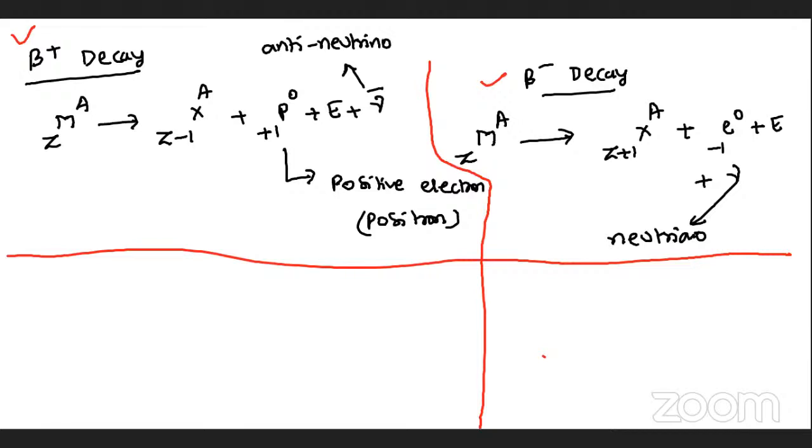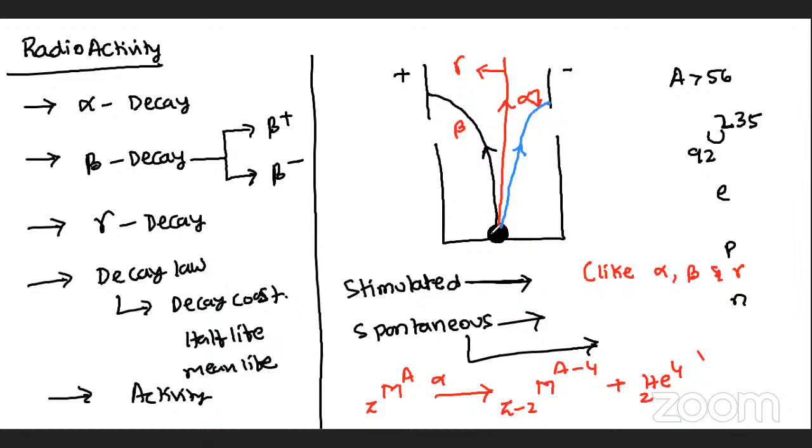Completed. Next one. See, till now we are discussing the spontaneous decay or natural decay, natural radioactivity. Suppose if you supply energy, then if you have the radiations, it can be called artificial radioactivity or stimulated radioactivity.